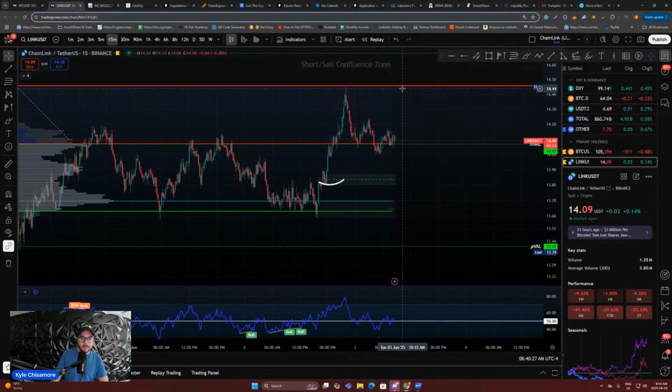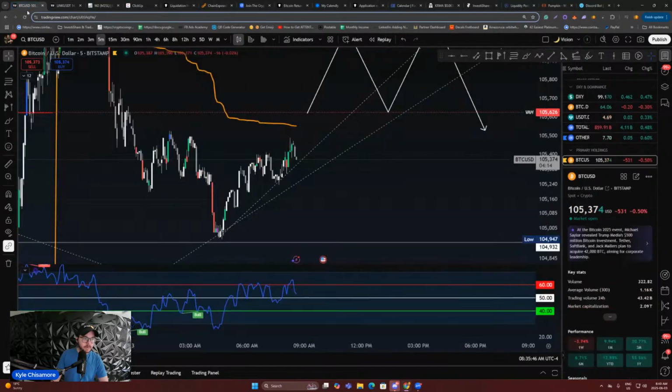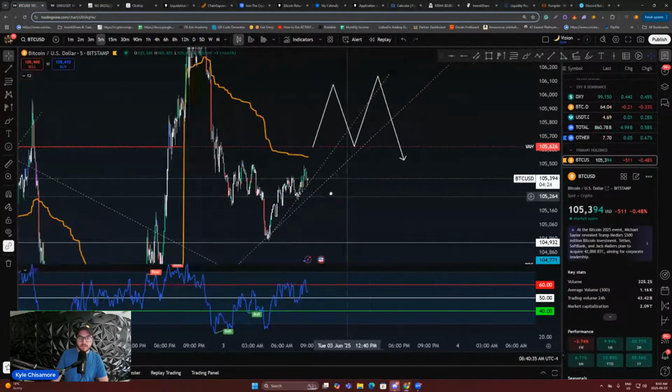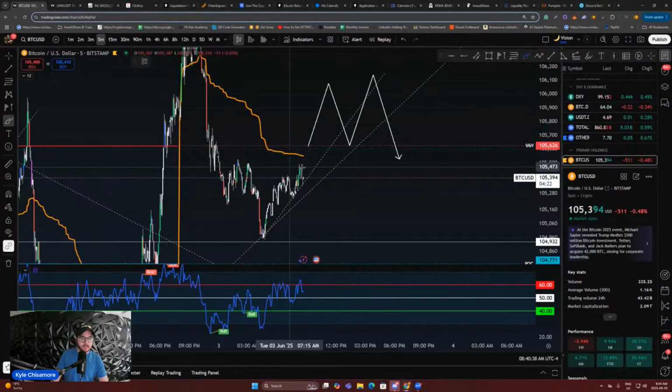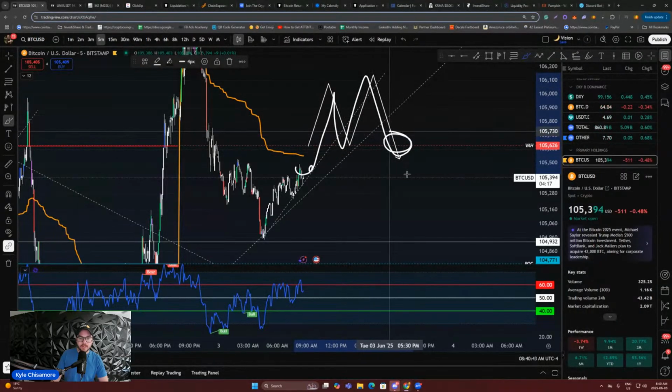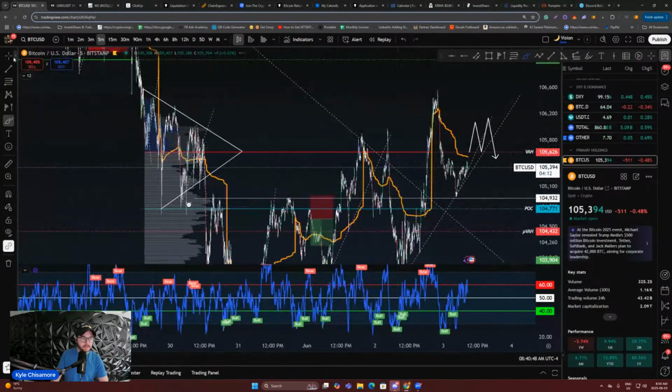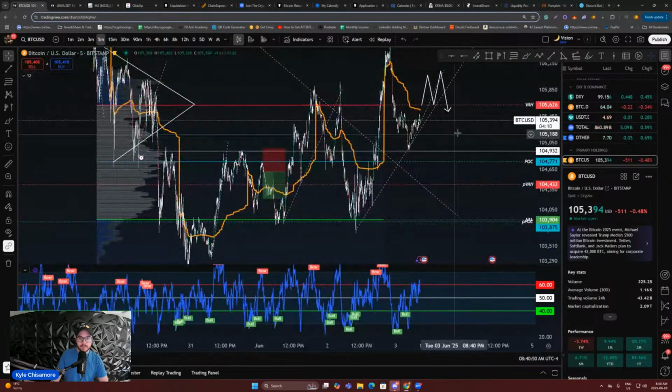So I'm hopeful for the higher high before coming down, just like I am with Bitcoin, where I want this inverse head and shoulders to play out. I'm not going to trade the inverse head and shoulders, but I want it to play out so we can get back above the value area high and prepare for that change of character occurrence and acceptance back inside the value area so we can short it back inside the active range.